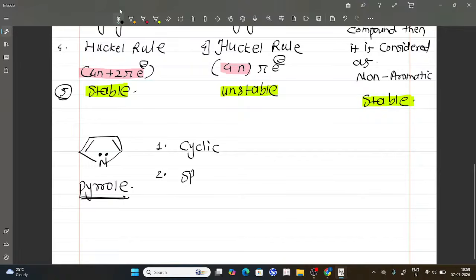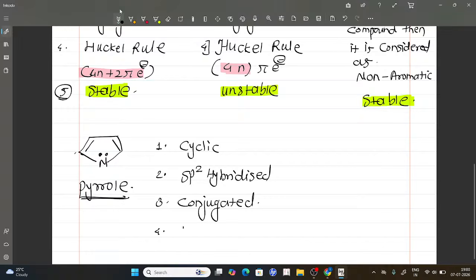Double bond, single bond, lone pair, single bond, double bond, single bond. Each carbon is sp2 hybridized, so sp2 hybridized carbons are present. Now the conjugation: your system is conjugated because of the master key we studied. A double bond, single bond and lone pair of electrons present, with the lone pair inside the ring, make it conjugated.